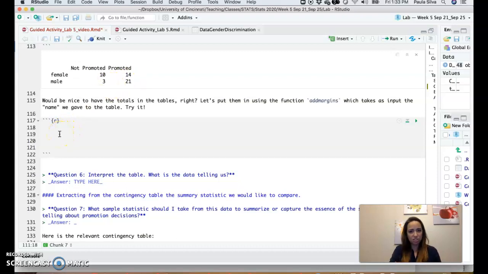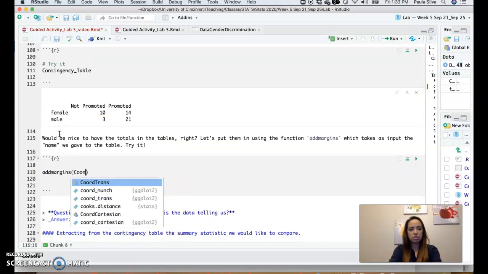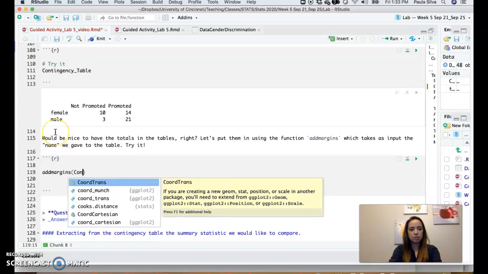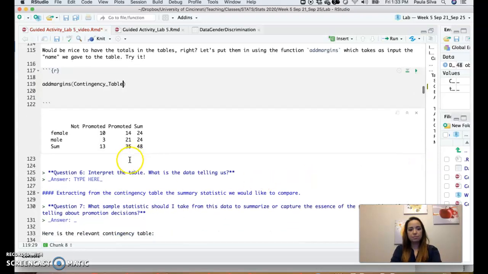I hope you paused the video and you're ready for the response. So here we would do addmargins, and we would put the name of the table inside, which is contingency table. And if we do that, boom, we have the sums.